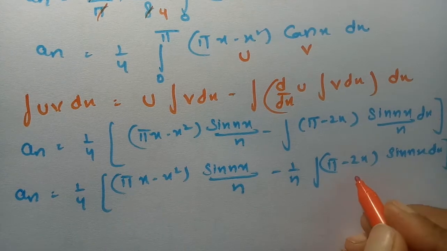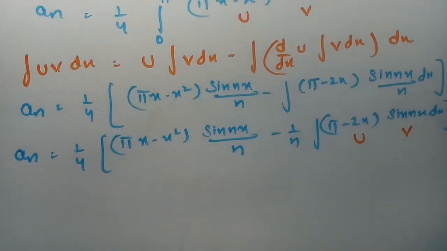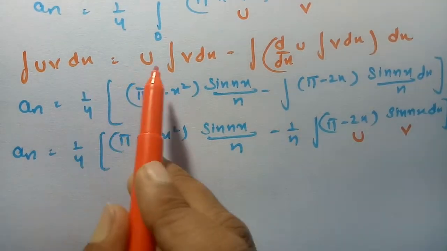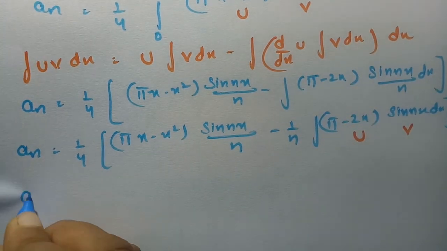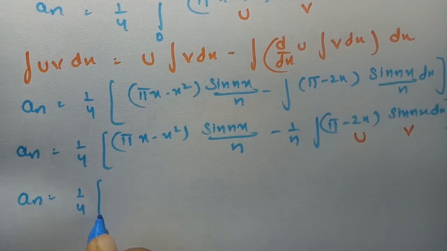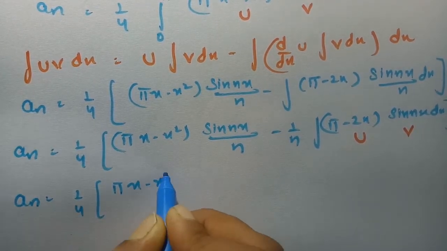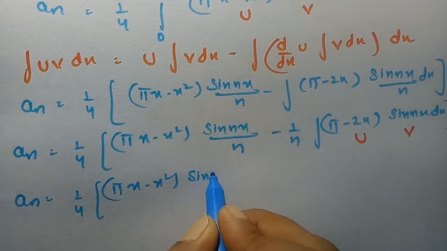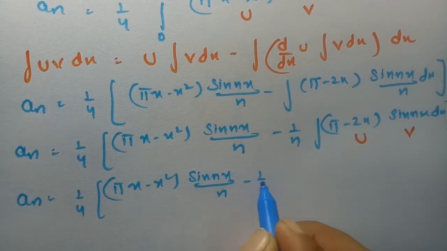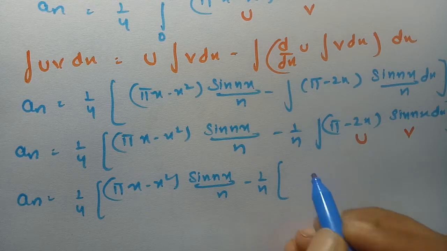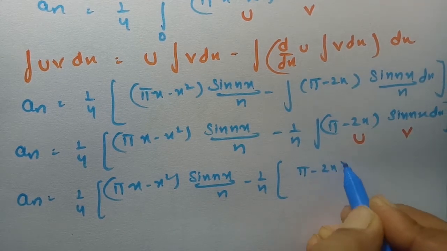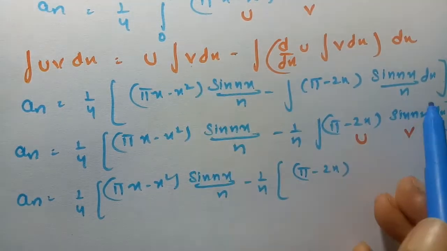This is again integration by parts. So this is integral uv dx, so again we have to apply this formula. Therefore an is equal to 1 by 4 times of (pi x minus x square) sine nx by n minus 1 by n times of, in this formula, u we have to leave as it is, that is pi minus 2x, and v we have to integrate.